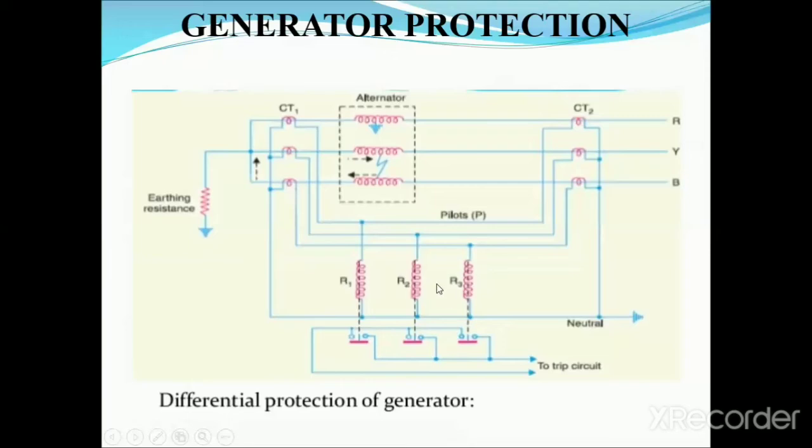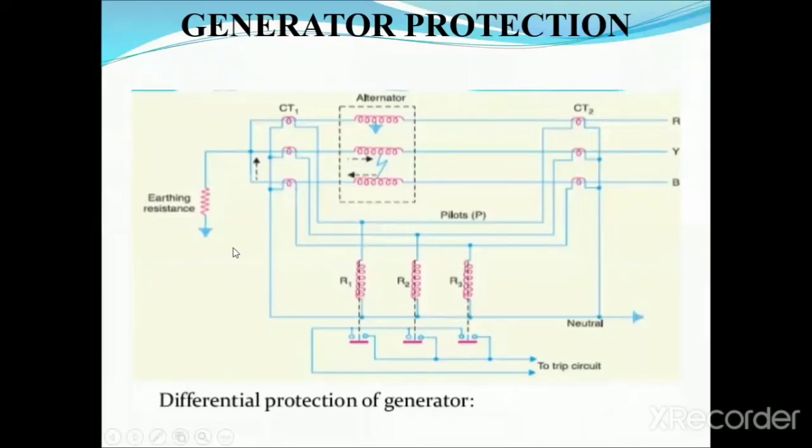While pulling the plungers upward, it closes the tripping circuit. Then it gives the indication to the circuit breaker, and the generator will be disconnected from the system.